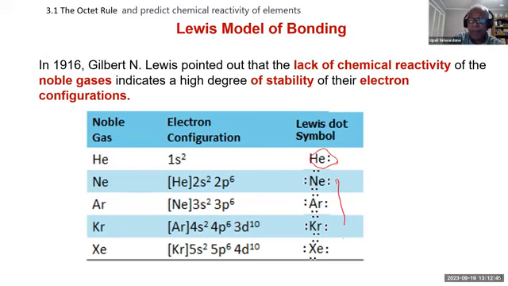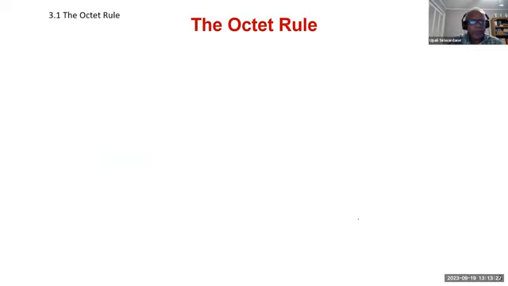They all have an octet. Helium is in the noble gas group, in period 1. Period 1 can have only 2 elements, hydrogen and helium. Therefore, helium cannot have more than 2 electrons. It cannot have 8 electrons. So this idea, that noble gases show stability because they have 8 electrons in their valence shell, is the Lewis model, the octet rule.